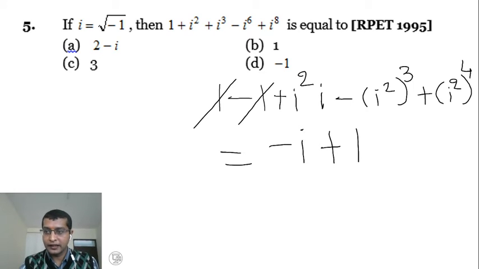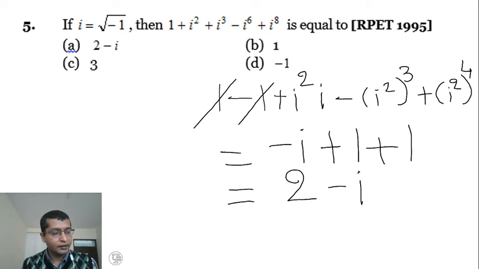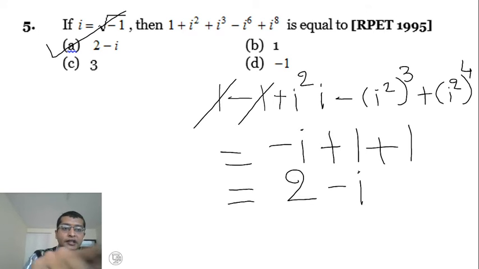Next further, i square is minus 1, minus 1 raised to an even number is plus 1. So further we can simplify this, 1 plus 1 is 2 and minus i as it is. Therefore 2 minus i is the answer, therefore the correct option is A.